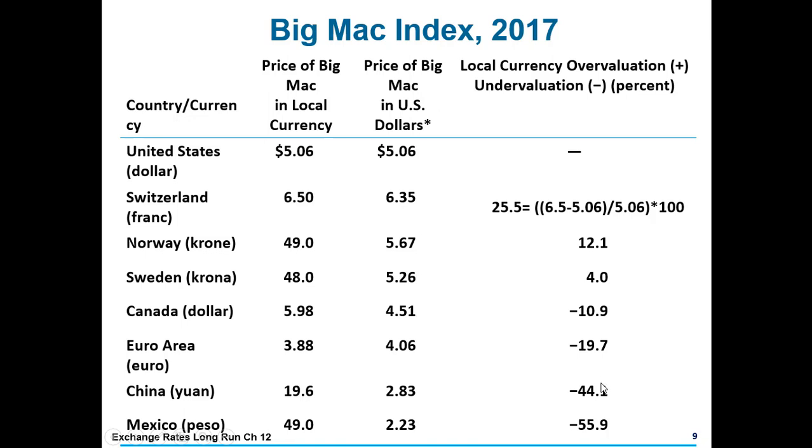The question is, why doesn't this adjust? Because if the law of one price held, then the dollar should depreciate, the yuan or RMB should appreciate, and you should wind up with the same numbers in this column. And that's the criticism of Chinese manipulation of the exchange rate, that yes, this might be for certain reasons, but in the long run, it should be moving towards the same price.